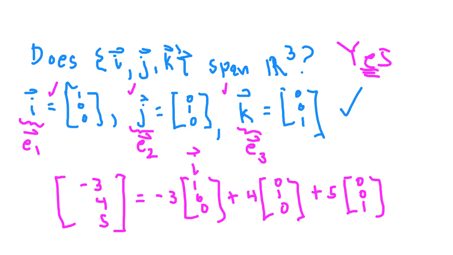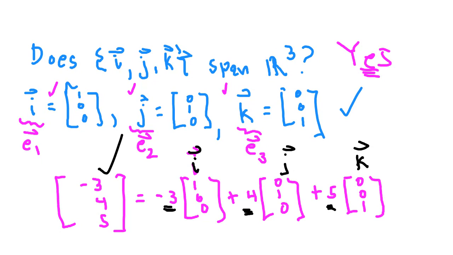There exists a linear combination of these vectors I, J, K such that the linear combination equals that vector -3, 4, 5.